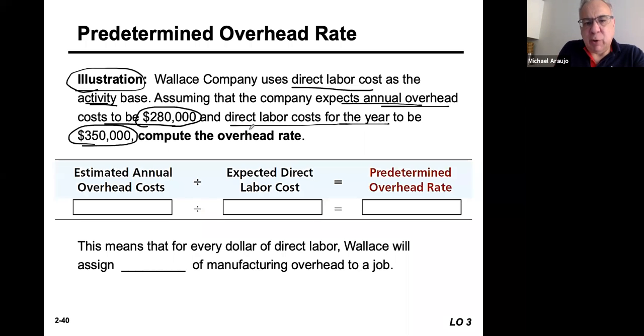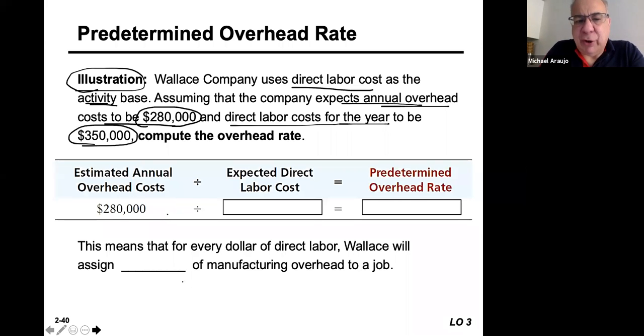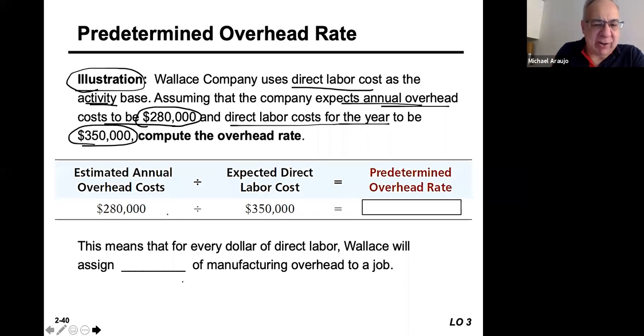So the predetermined overhead rate is simply the ratio of these numbers. As you see, $280,000 is the overhead. That's the estimated overhead costs. When you compare that to total direct labor costs, the overhead rate is 80%.